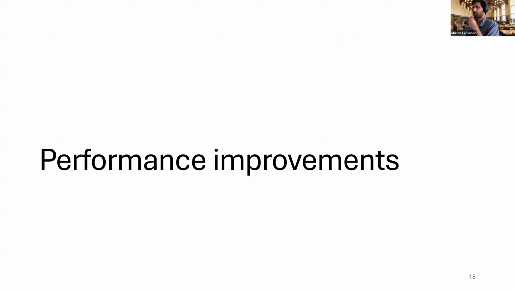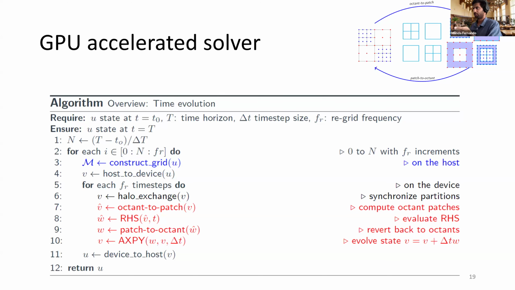I will now go over some of the performance improvements that we have made in our Dendro framework. One of the key features that we added was the GPU acceleration of our BSSN solver.